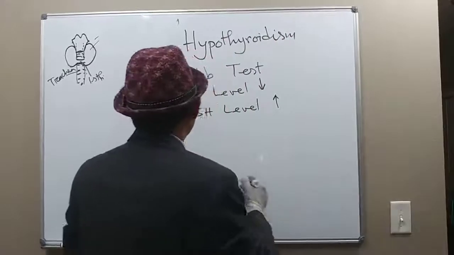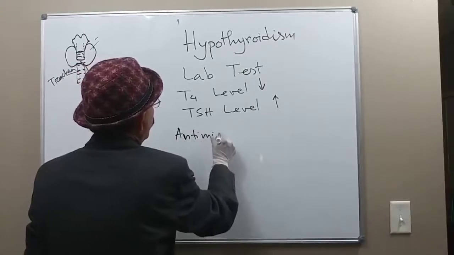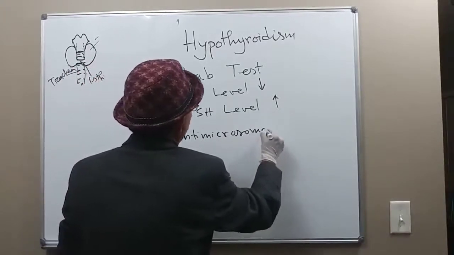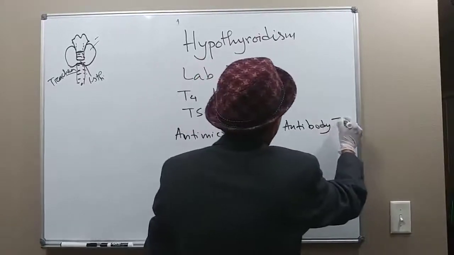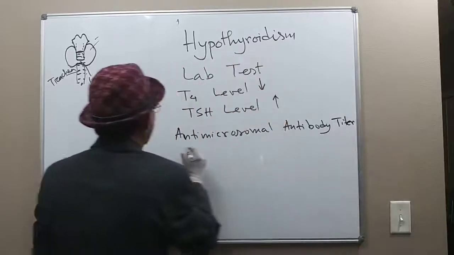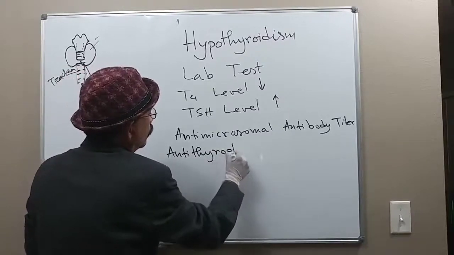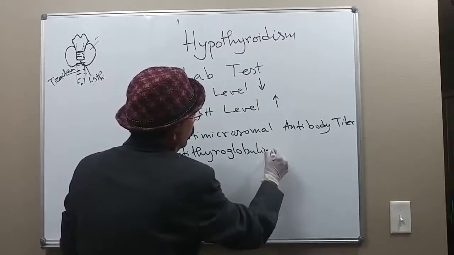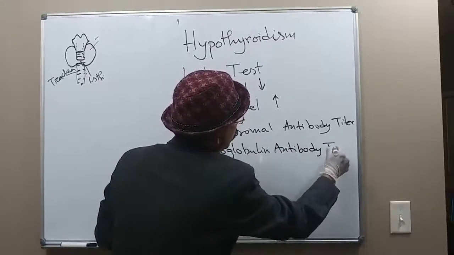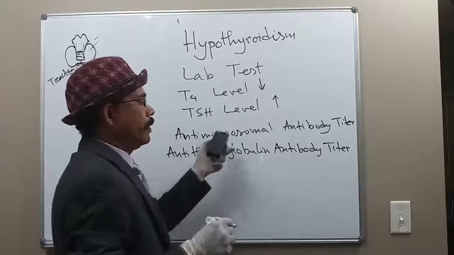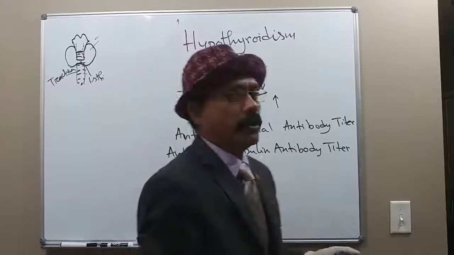We also look for the anti-microsomal antibody titer, and also the anti-thyroglobulin antibody titer.